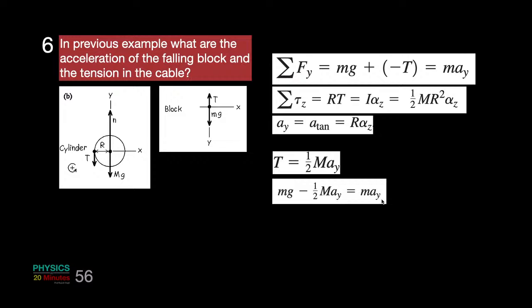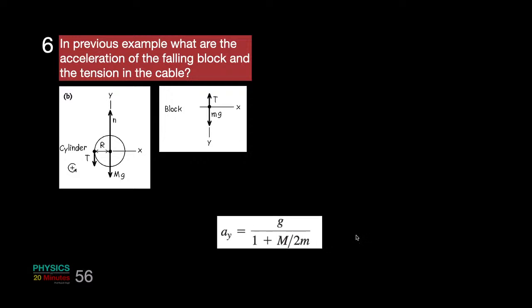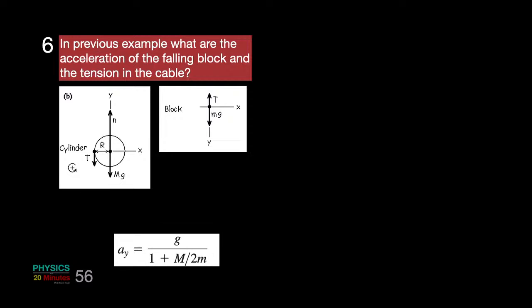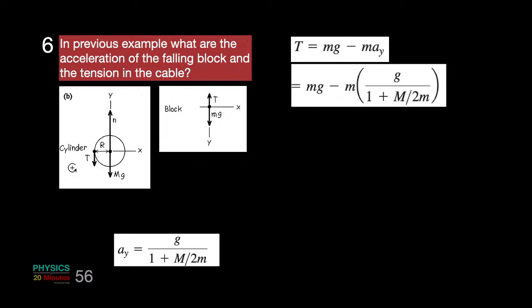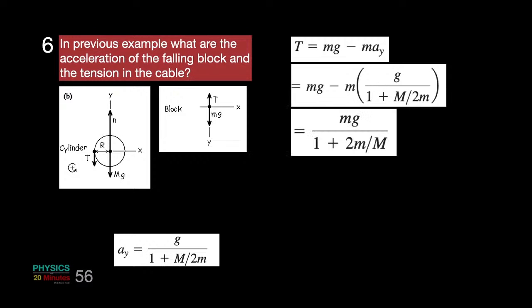And then I can take Ay common. So Ay is g upon 1 plus capital M by 2m. So I will keep this equation, and I would try to find out the tension now. So go back and substitute the value of Ay in the tension equation. Once you do one more step of solution, you get mg upon 1 plus 2m by M.